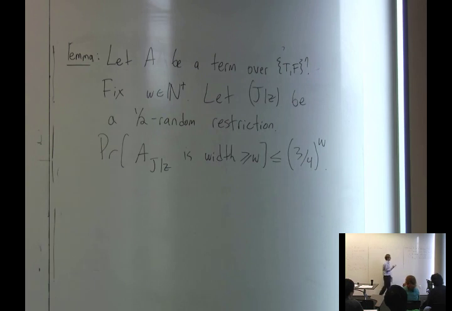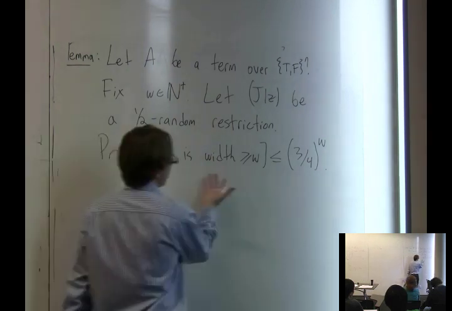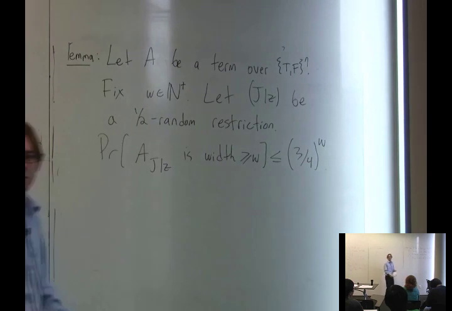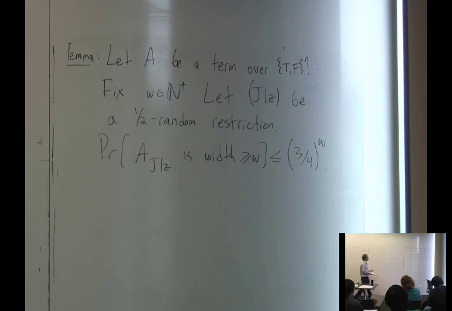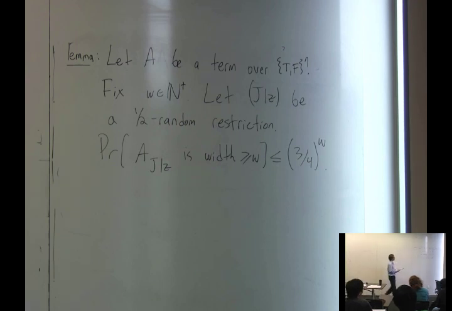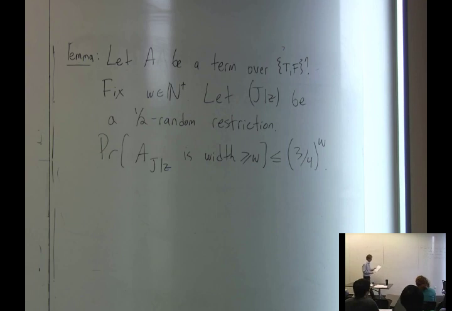It's like width 0 in that case. So what we're saying in this little lemma is that for any W, the probability that you still need width W is exponentially small in W. And the point here is that it has no dependence on n. It doesn't matter if the original term was tiny or huge. We still have this bound.